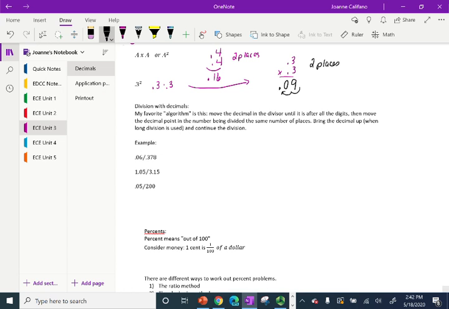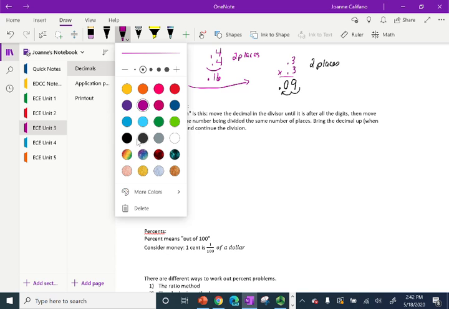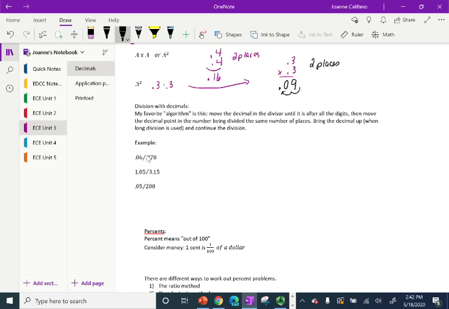So I wanted to make some division problems here, but I couldn't find a division symbol on my computer, so I'm going to rewrite them like that. If we were dividing decimal numbers and the divisor is a decimal number, the algorithm that I've always used tells me to take the number 0.06 and divide it into 0.378.